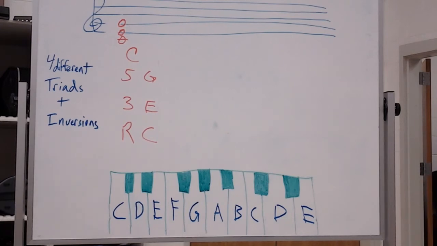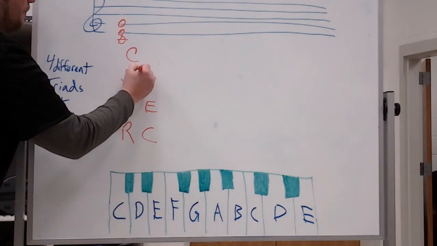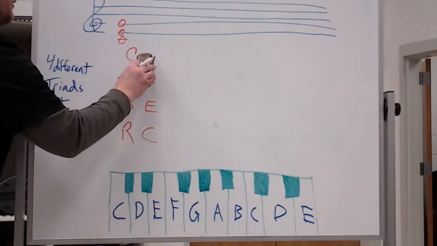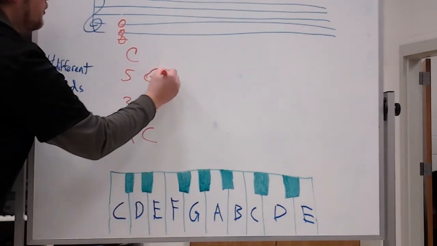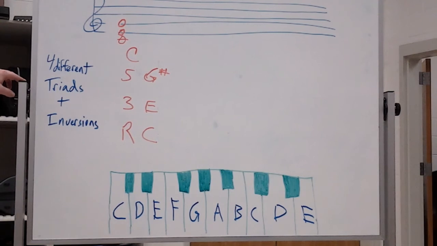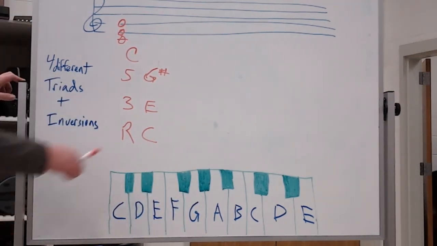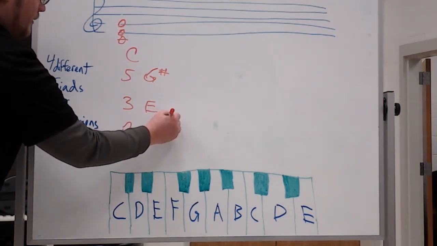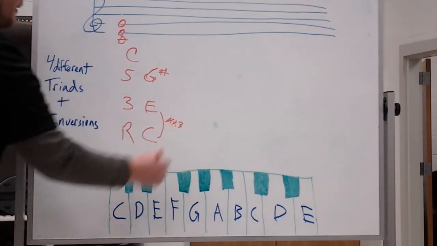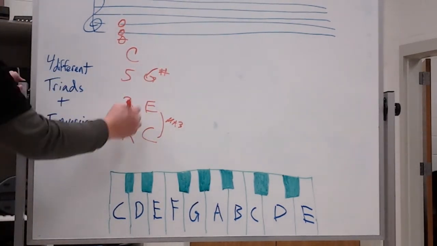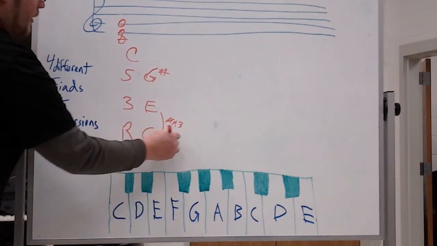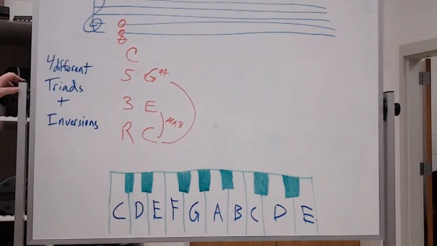And the one more triad we can create is by having a major chord and putting a sharp on the G. I'm going to put it on the other side. Making this a G sharp. So the notes C, E, and G sharp. What we're doing now is we still have a major third from C to E, but now from the root to the fifth of the chord, it's no longer a perfect fifth. We are making that fifth bigger.